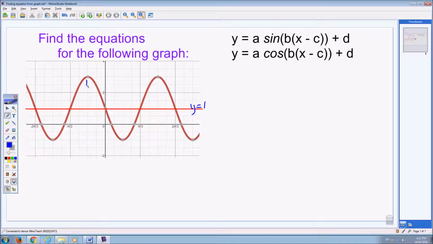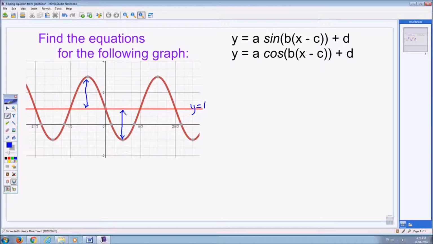Our amplitude, remember, is the distance between the maximum and the sinusoidal axis, or the minimum and the sinusoidal axis. And this is a good place to check to make sure that we have our sinusoidal axis in the right place. Do these two arrows that I've just drawn match?